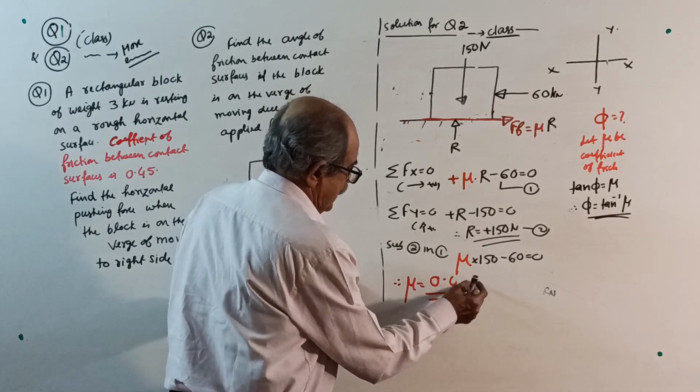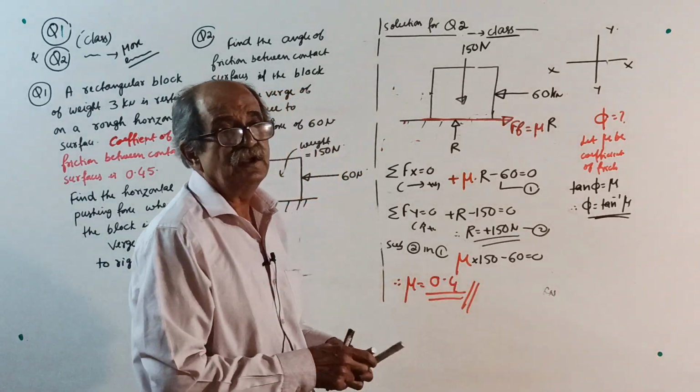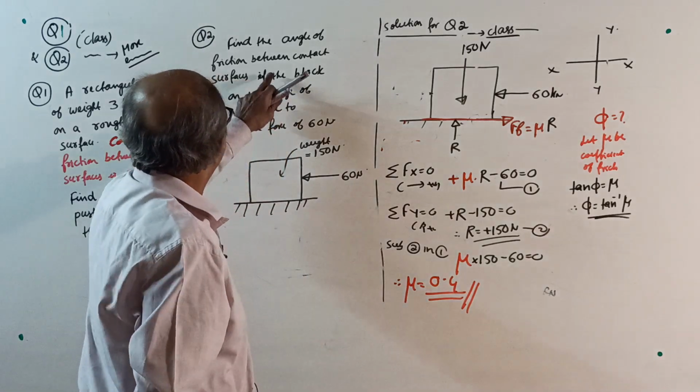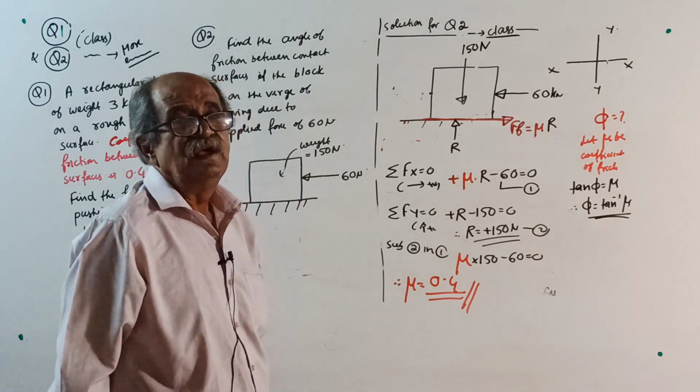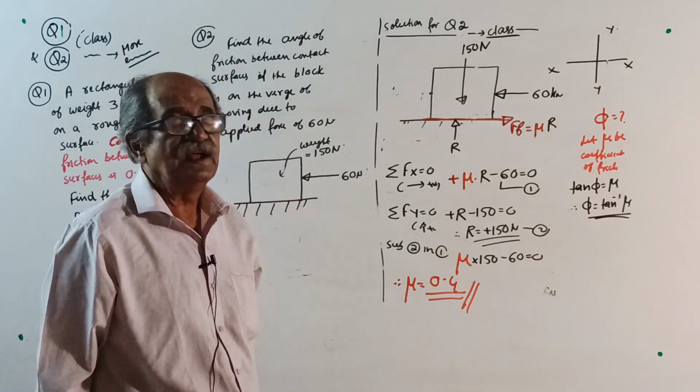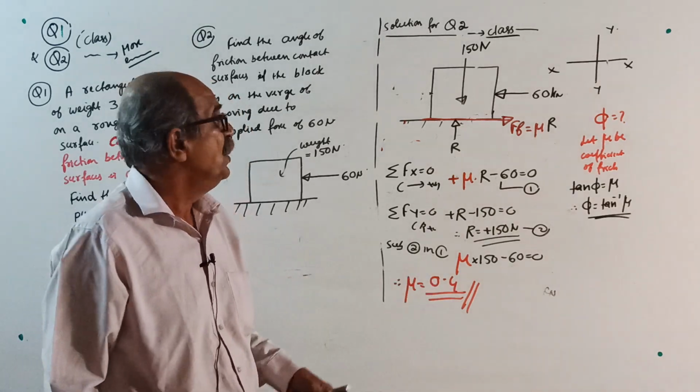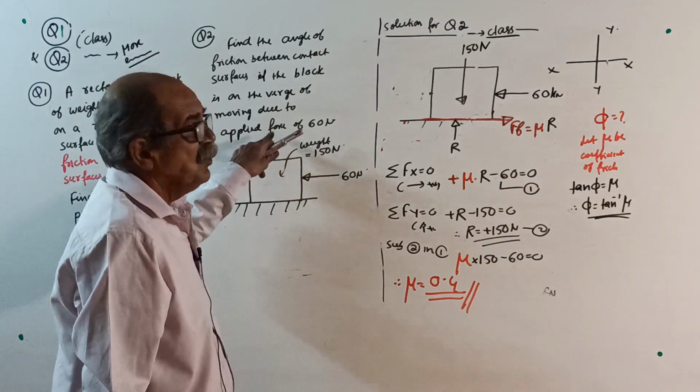Now make a note. In the question, if they had asked for the coefficient of friction instead of the angle of friction, the question would be over, and the answer is mu equal to 0.4. But here they want the angle of friction.